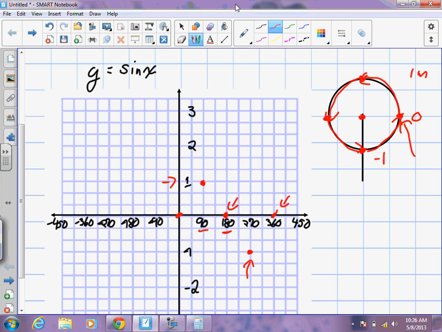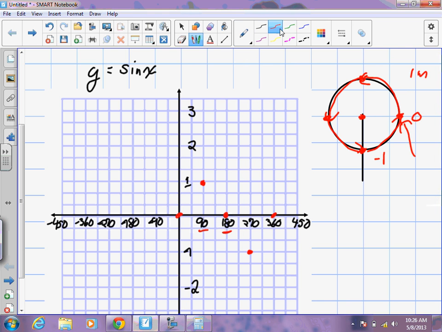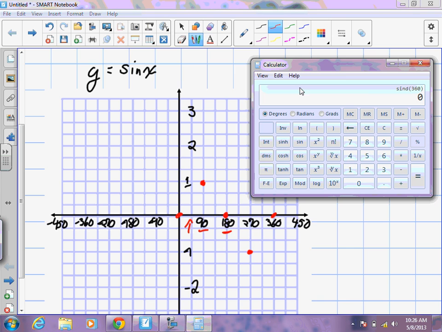Okay? So what we're going to do is, now technically in between there are an infinite amount of points, and we can plug them in. For instance, just to get an idea of what this wave looks like, what would be halfway between 0 and 90? 45. Yeah, so this line would represent 45. So let's try to get an idea of what 45 would be. So we have 45 sine is an awkward decimal for us. 0.707.